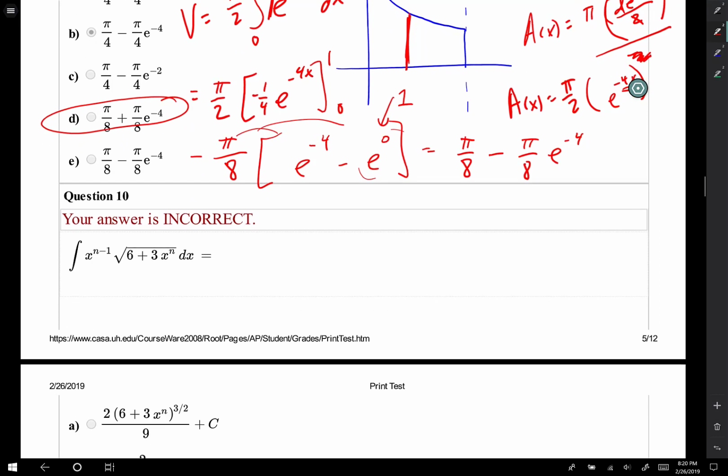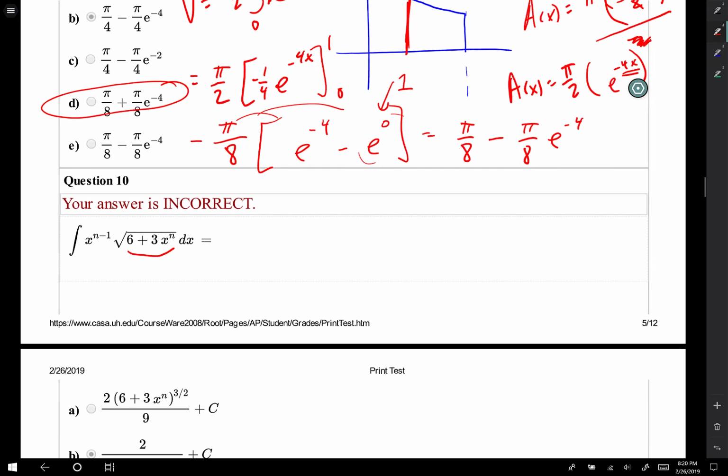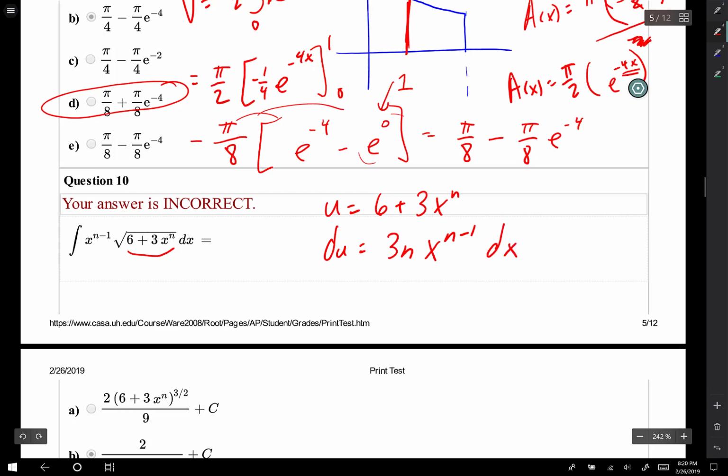Let's continue. This is straightforward u substitution, guys. Make u equal to that on the inside, and then you'll see that, let's just do it just in case. u is 6 plus 3x to the n. So du is 3n x to the n minus 1 dx. So this is missing a 3n, and you put 1 over 3n on the outside like that.